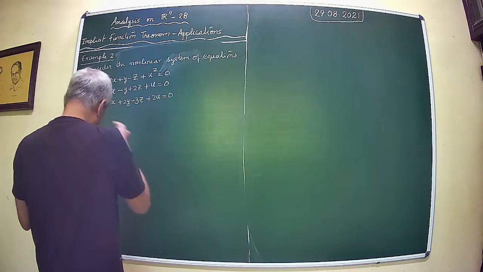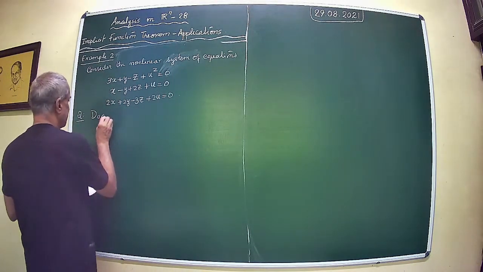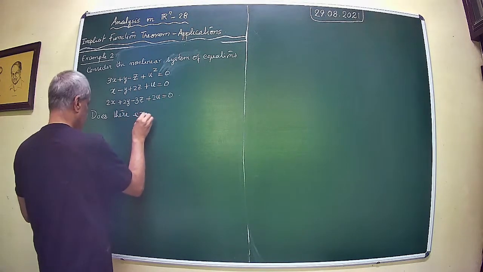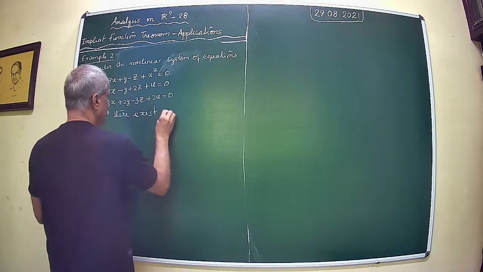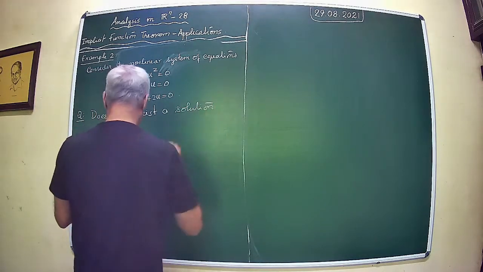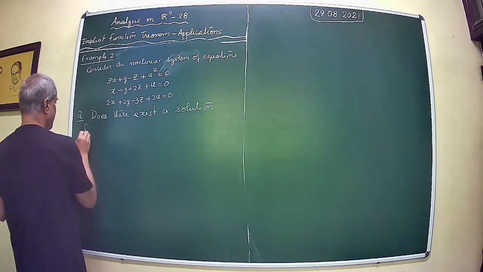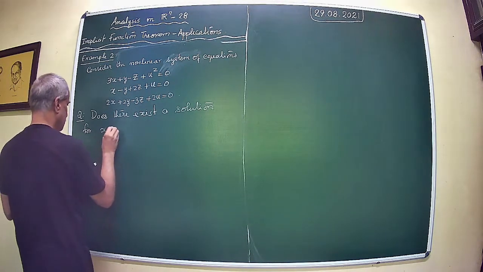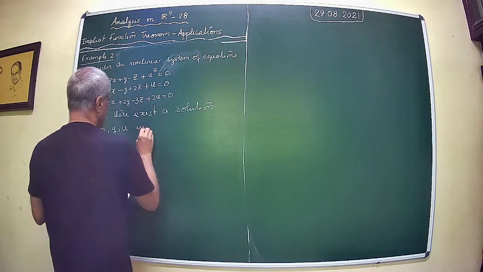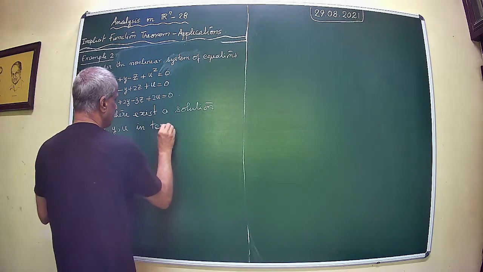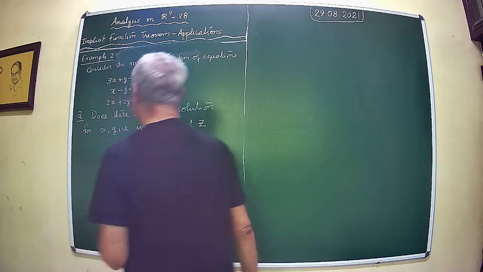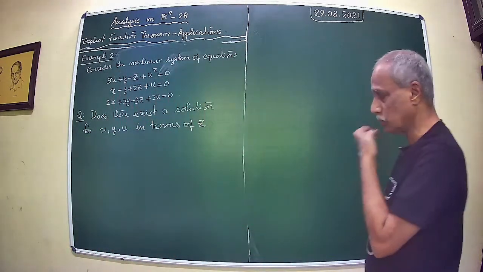So the question is this: does there exist a solution for x, y, u in terms of z? This is the question that you are asking.